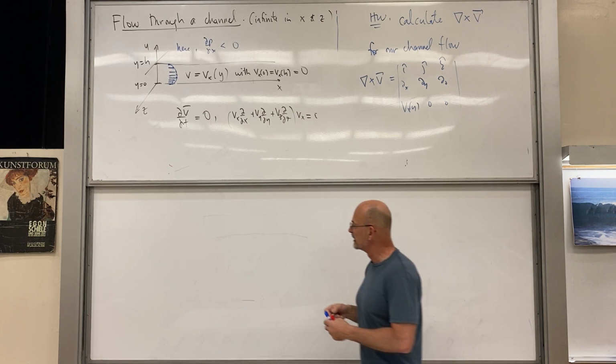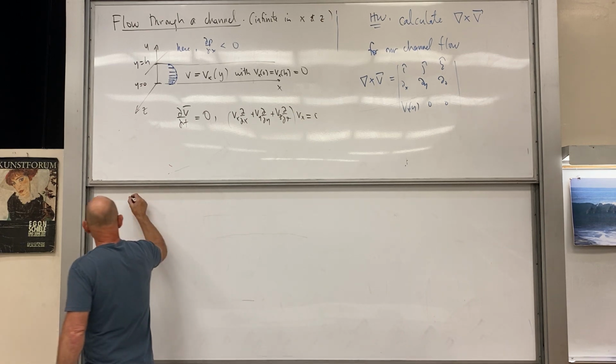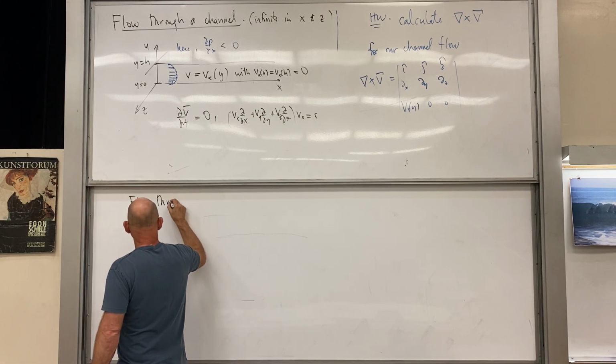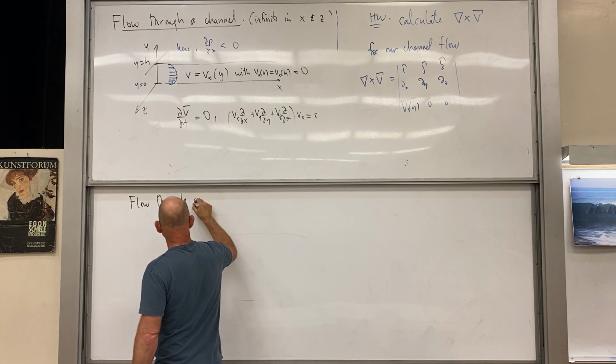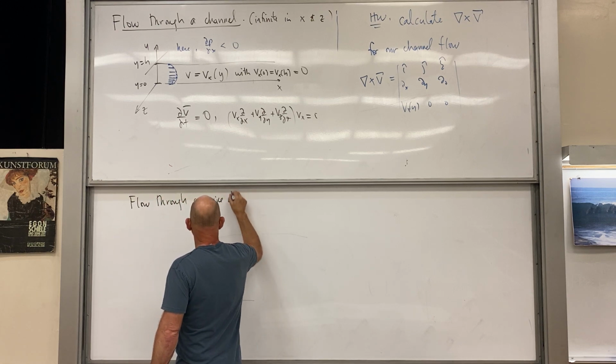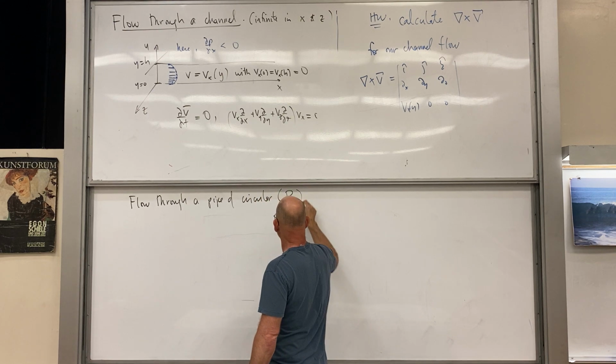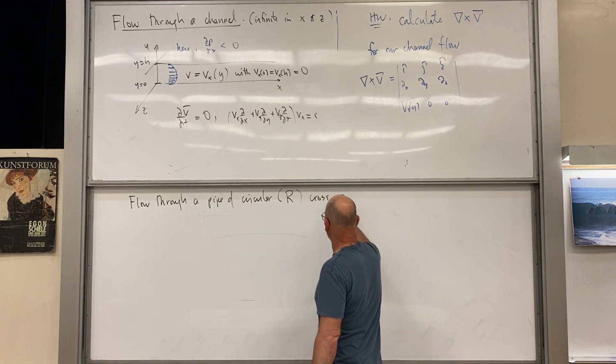So let's call this flow through a pipe of circular cross section, circular radius r.